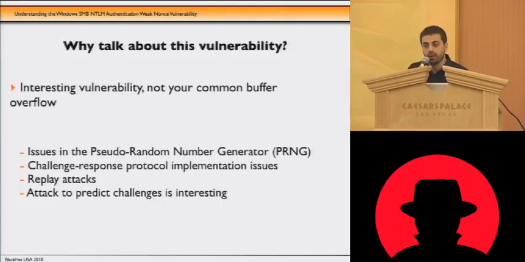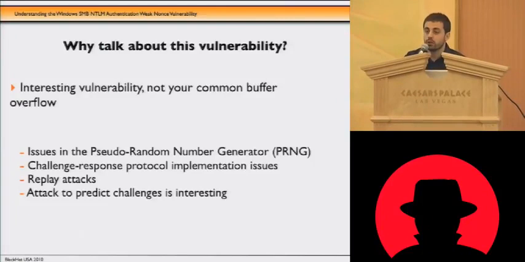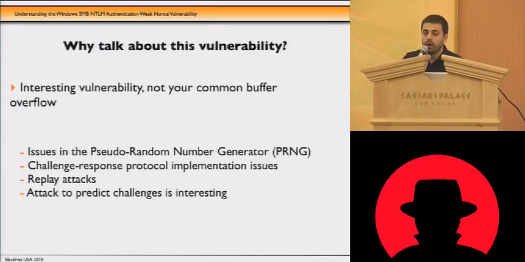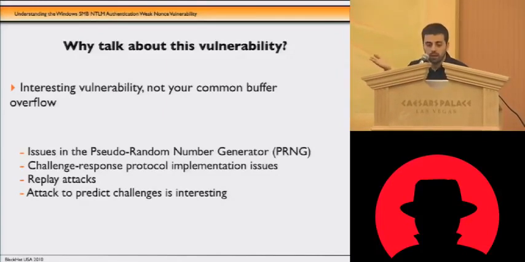It's not something that you find all the time. And also other implementation issues that we found in the protocol that allow for side-channel attacks that can result in, for example, replay attacks, and also an attack that we think by itself is very interesting, that is the possibility of predicting challenges. And we're going to see what all this means.